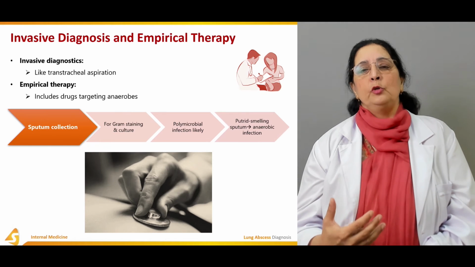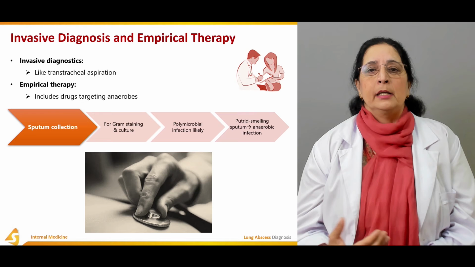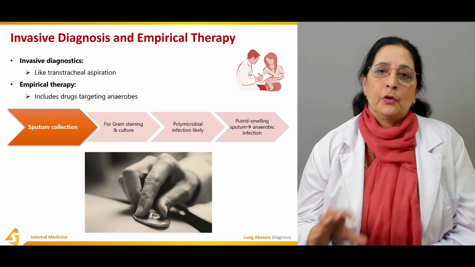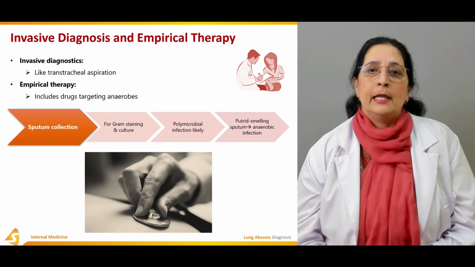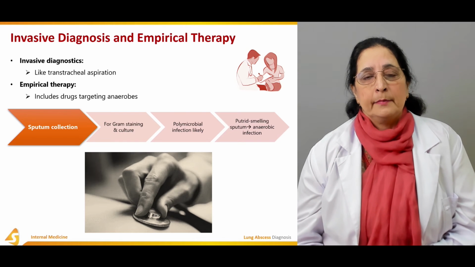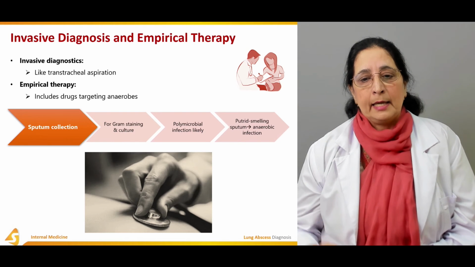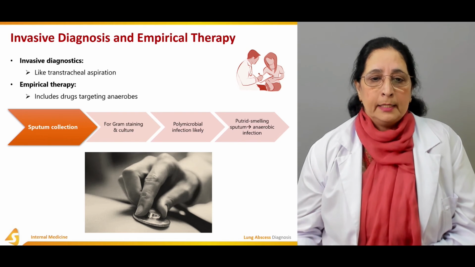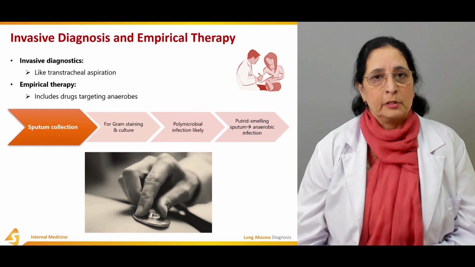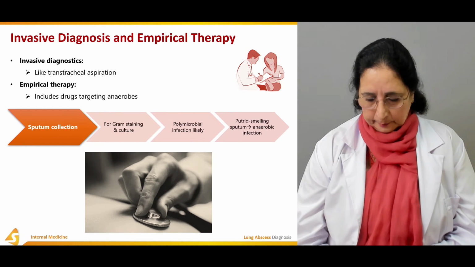So all these are characteristics of anaerobic infection. So sputum should be collected, and then culture of that sputum is done to find out if the infection is by the anaerobic organism or some other microorganism, and that is very, very helpful for the treatment and for the beginning of the antibiotic.